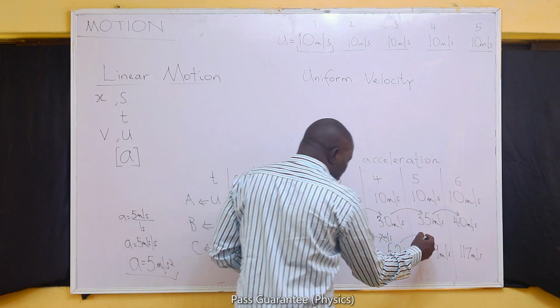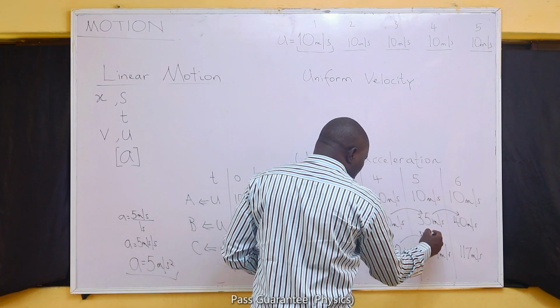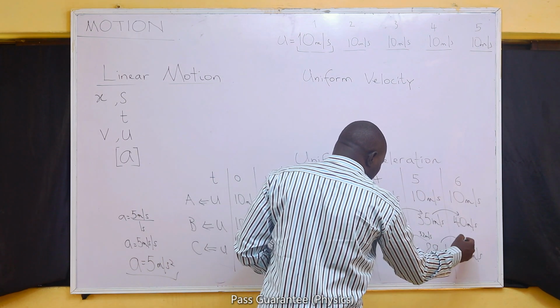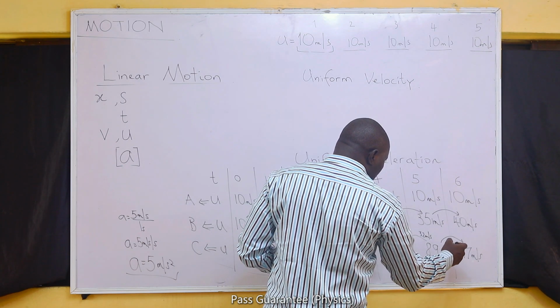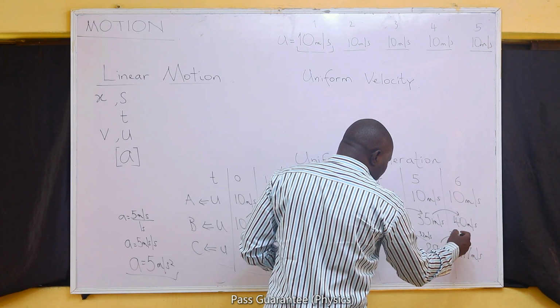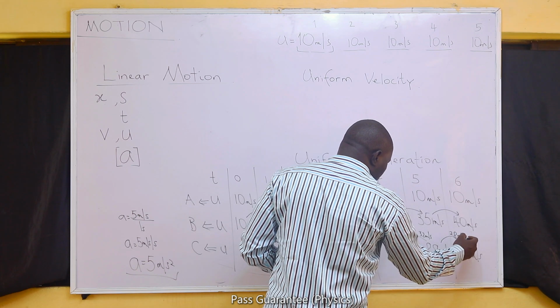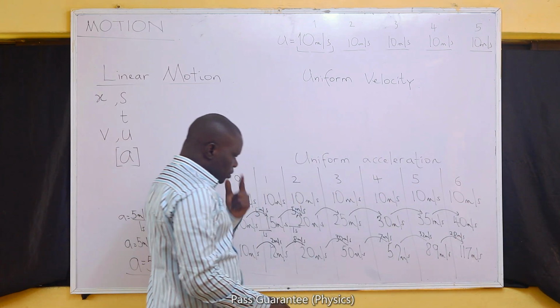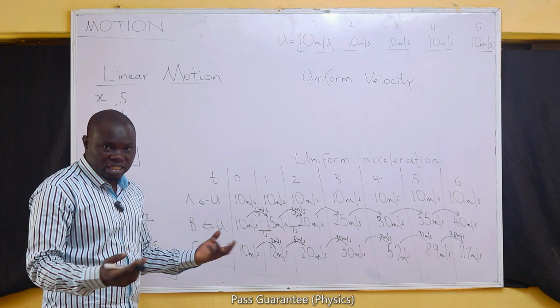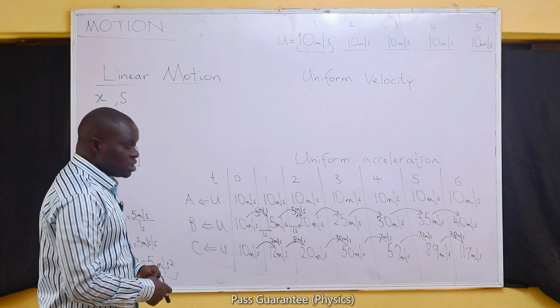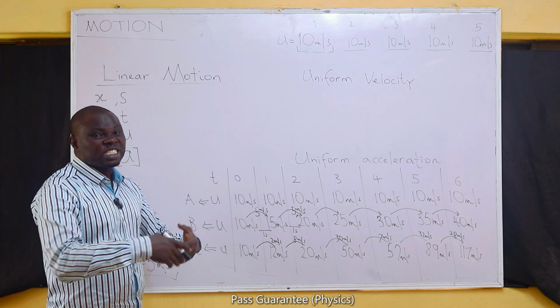Then it changed by 32 meters per second. Then it leaped by 28 meters per second. So while the velocity is changing, suggesting that there's an acceleration, the acceleration is not the same.